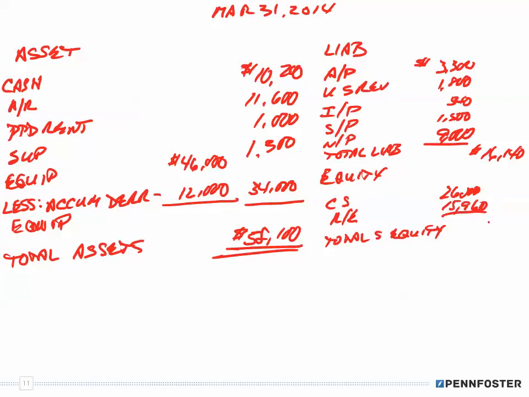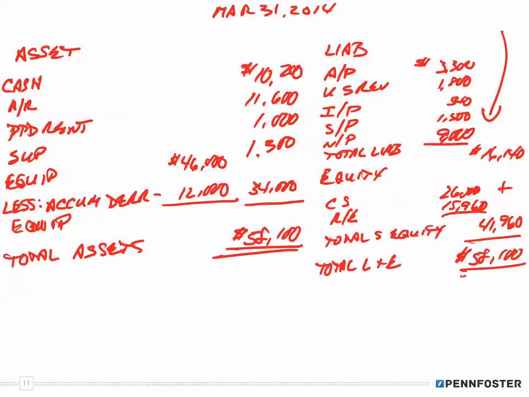And that puts my equity in the right-hand column of 41,960. So that when I'm looking down this column, I know that liabilities plus equity gives me my total liabilities plus equity. That would get a dollar sign, and that should be 58,100, and I get a double underline there. So that's how I'm creating that balance sheet.